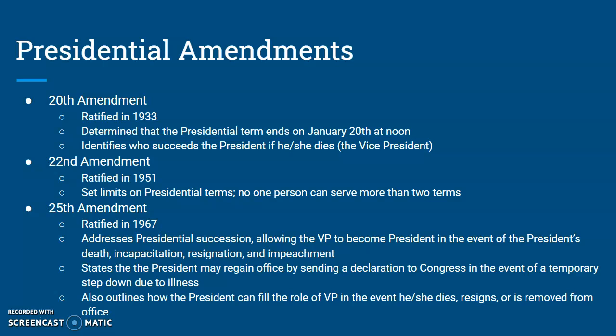Guys, if presidents temporarily got sick, if Trump caught the coronavirus, he could temporarily step down from office. Mike Pence would become president. And if Trump got better and came back to office, he would have to first send a declaration to Congress. And then it also outlines how the president can fill the role of the vice president in the event he or she were to die, resign, or is removed from office.